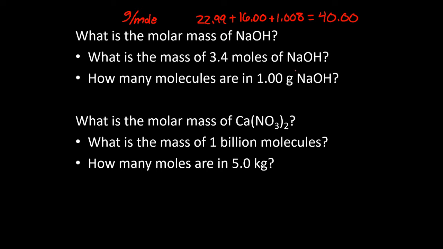But since we only get to keep down to the hundredths place here, because again, the rules are slightly different with addition. Since we're adding these together, we can only keep to the last common decimal place. And so that would be the hundredths place. And so we would round 39.998 up to exactly 40. So 40.00 grams per mole. That is the molar mass of sodium hydroxide.